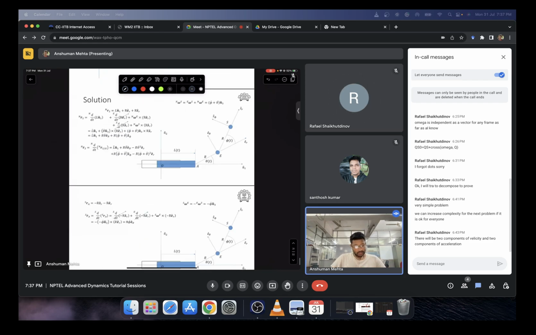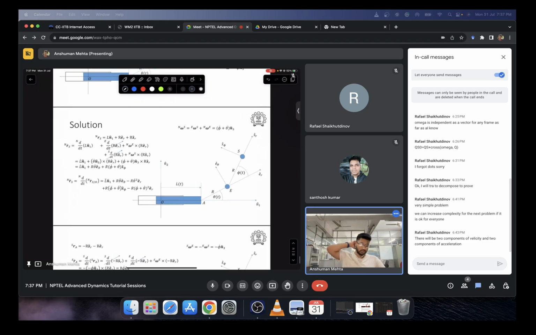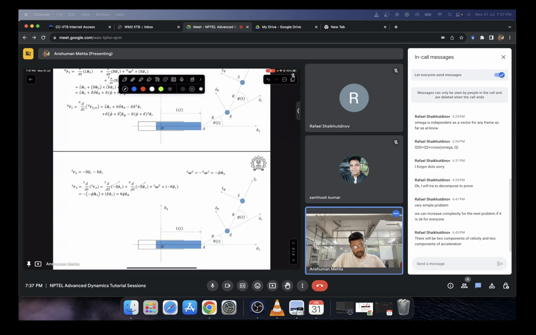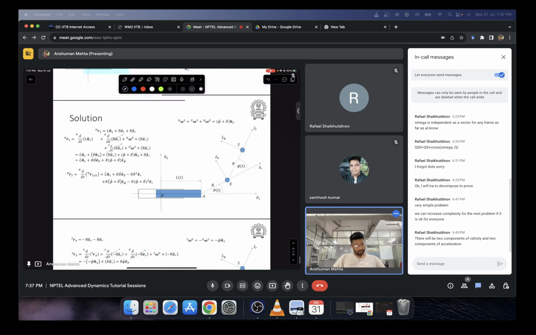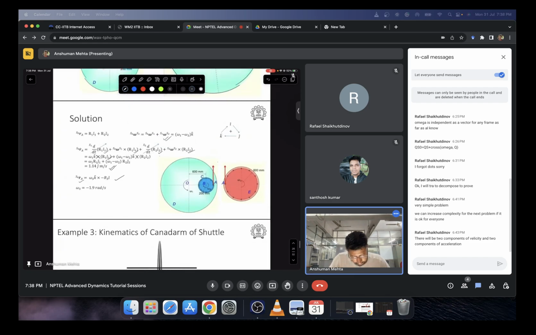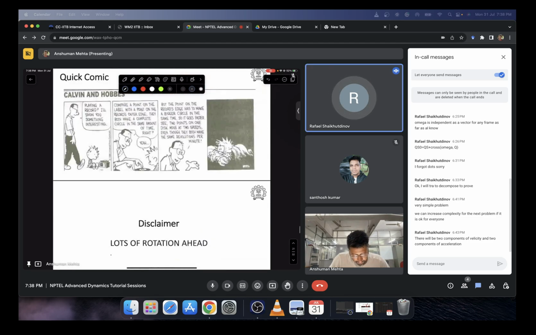That can be done. We have two rotations here and one translation also. So this is a nice problem to check out. These are all planar problems, and it's all for an instant.